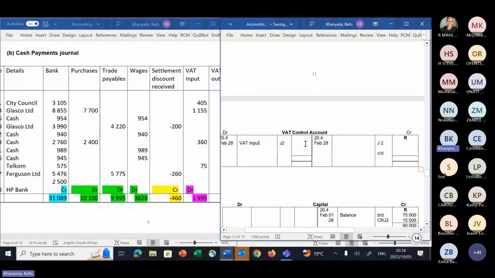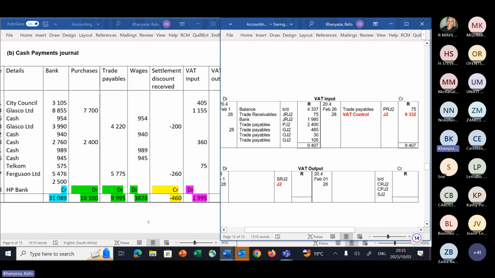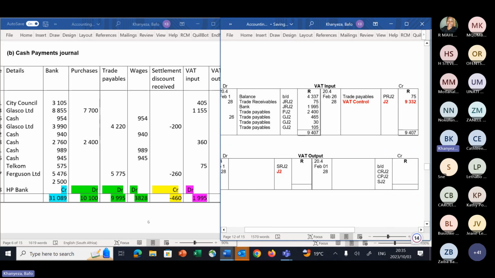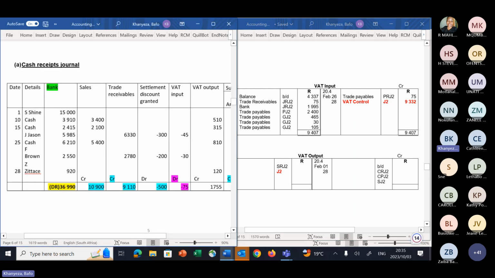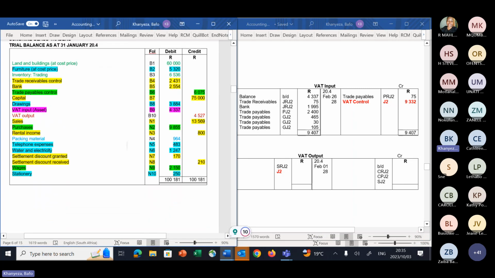These are contra accounts, so we end up using VAT input and VAT control account interchangeably. So our assets in the VAT control account are 9332. So we've closed off the input VAT. The input VAT account is 0 at the end of this month because we've taken this 9332 to the control account.